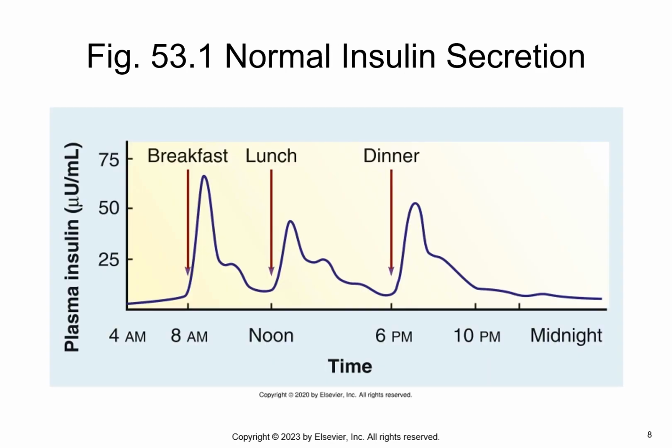So look at slide 8, which shows the normal insulin secretion over a span of time from 4 a.m. to midnight. And you will review and study that. The plasma insulin is going up on the left side. You see that we have 25, 50, 75 units per milliliter.